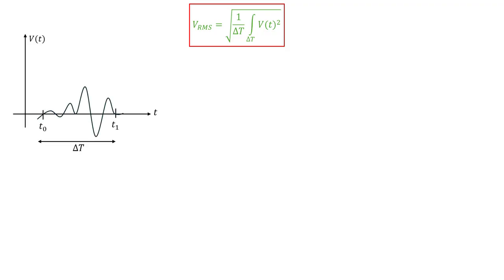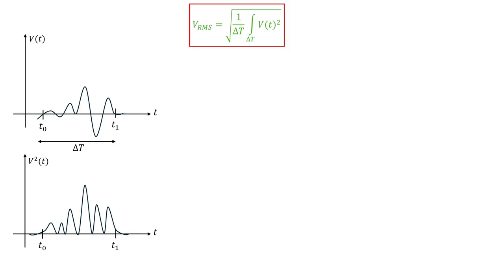Here there is a deterministic waveform for an arbitrary voltage signal in a specific time duration of t0 to t1. In order to obtain the RMS value, we need to do the following steps.